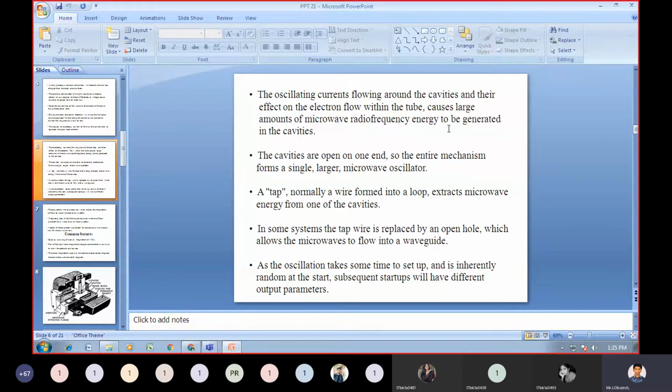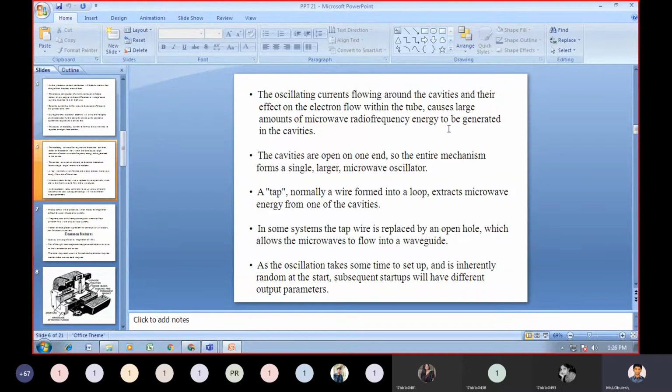In some systems, the tap wire is replaced by an open hole which allows the microwaves to flow into a waveguide.